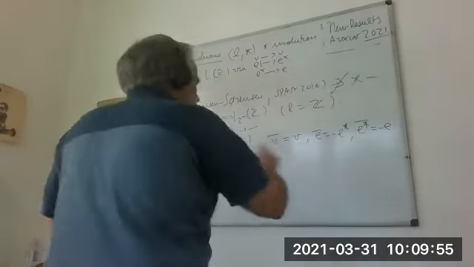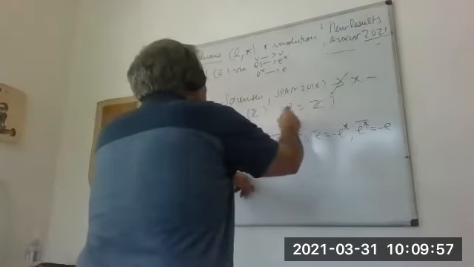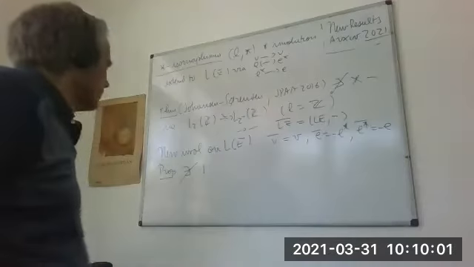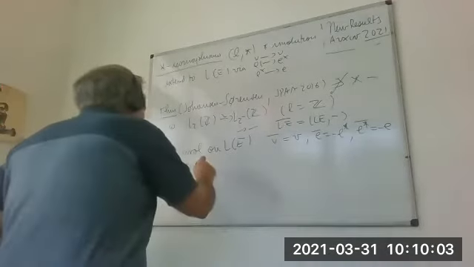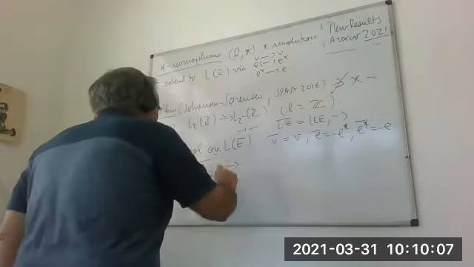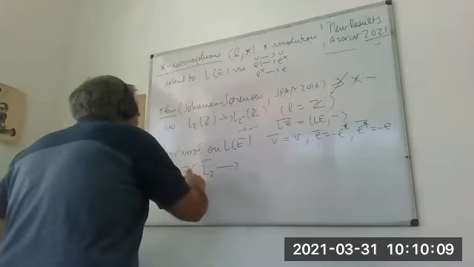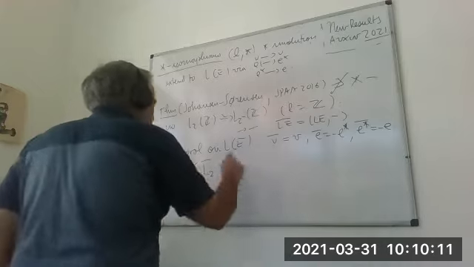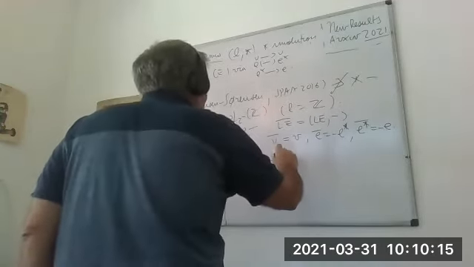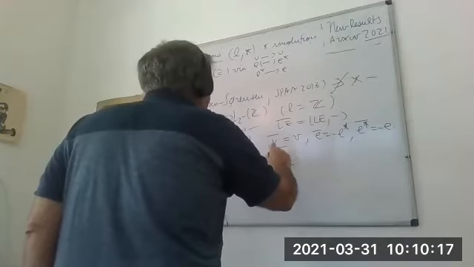LE bar is LE with the involution bar. And the proposition is that there is no unital star homomorphism from L2 bar to L_{-2} bar, nor from L_{-2} bar to L2 bar.